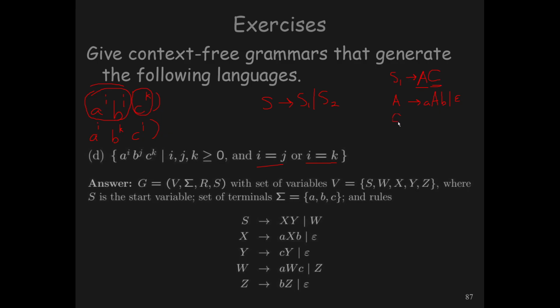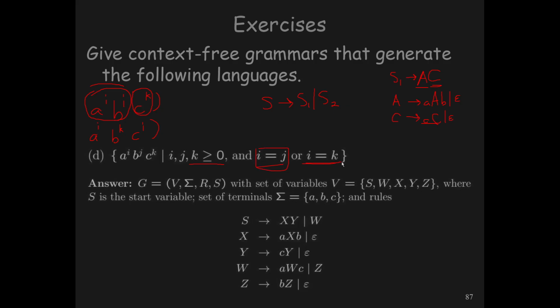For the C, that's going to generate cC or empty. So you can immediately go with the empty, in which case you generate no C's at all. So K is equal to 0, which is allowed, by the way. Or you can generate 1 recursively, or 2, or 3, or 100, as you like. Okay? So that is for the I equals J part.